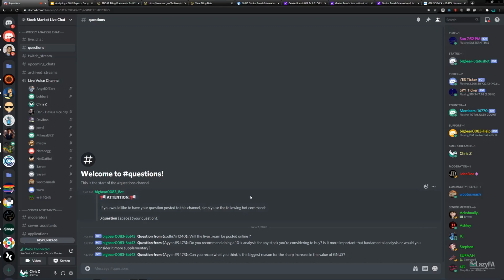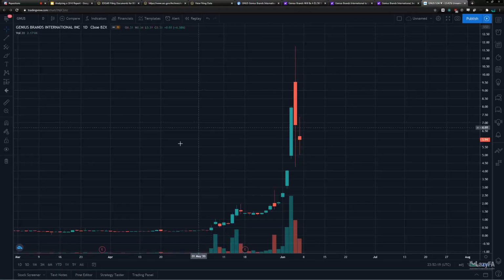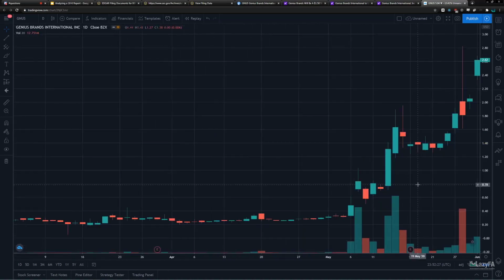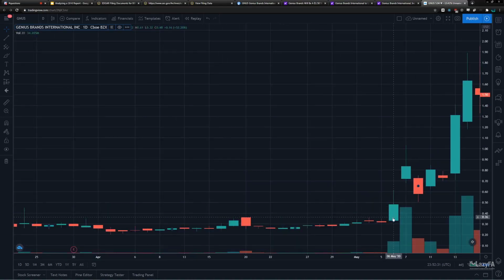And yeah, second question, can you recap what you think is the biggest reason for the sharp increase in the value? The easiest way that I've found to find that is by looking at the date of these big increases. The first one was May 6th, 2020, where it went from, let's just zoom in here a little bit, about 35 cents up to 61 cents, and then it settled around 50.